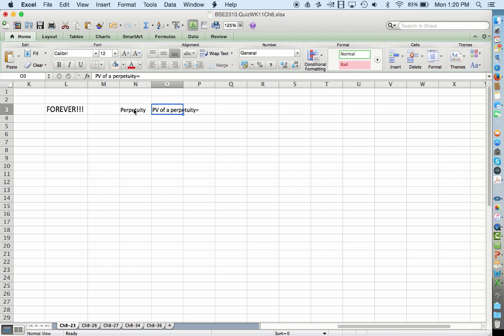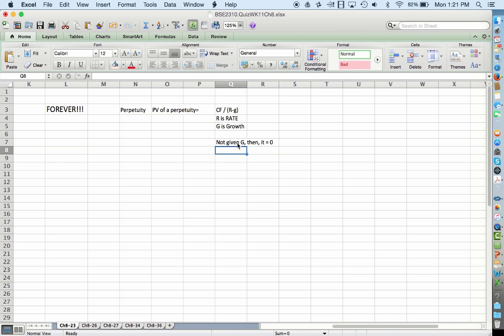But I can calculate the present value of a perpetuity. That equation is cash flow divided by R minus G, where R is the rate and G is the growth. Now, if you are not given G, then it equals 0. It's pretty simple. So whatever the interest rate is will end up being the denominator.